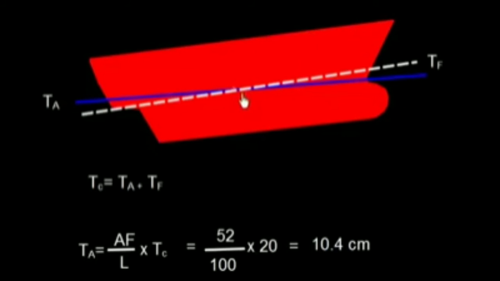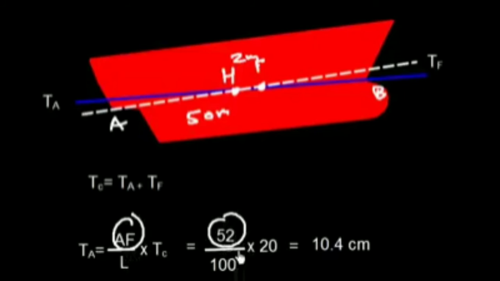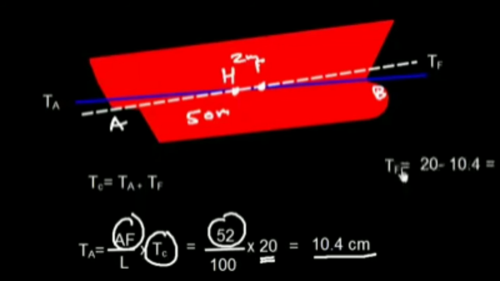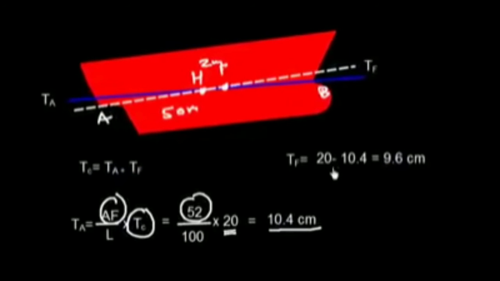Now, since it was 100 meter, this is A, this is B. So H is going to be 50, and F is somewhere here, which is 2 meter, so AF is 52. So 52 divided by 100 multiplied by 20, which is trim cost, so I get 10.4 centimeter. Now the change in the trim forward will be 20, which is TC, minus TA 10.4, which is 9.6 centimeter.